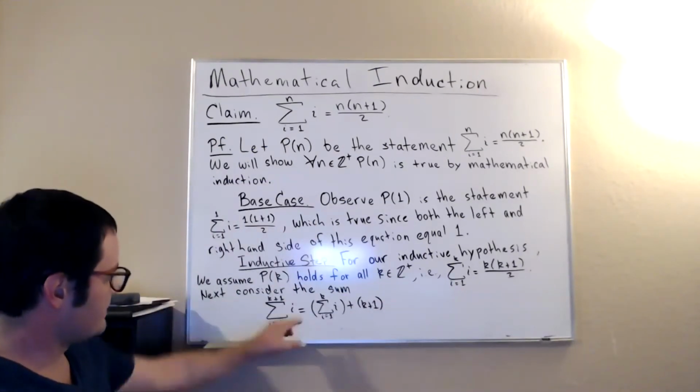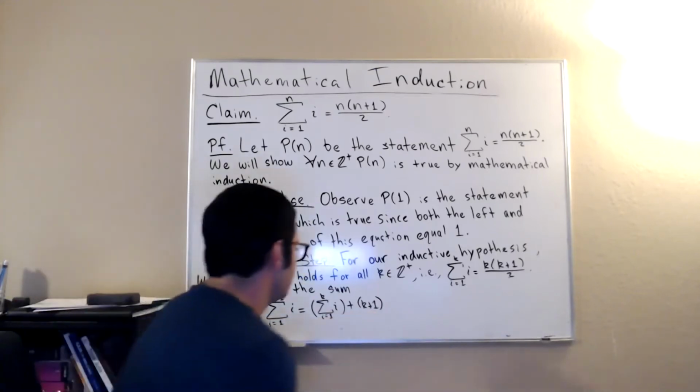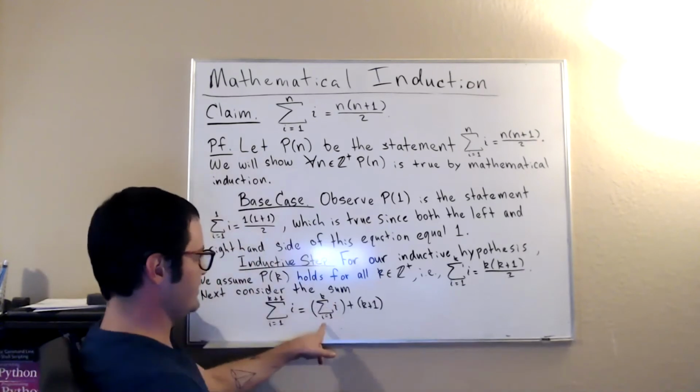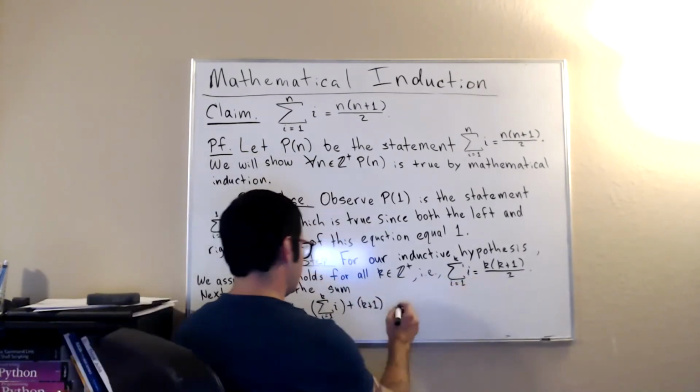I just split this sum into up to k and then added the k plus 1 term there. But that piece right there, we know what that is equal to. It's equal to that by our inductive hypothesis.